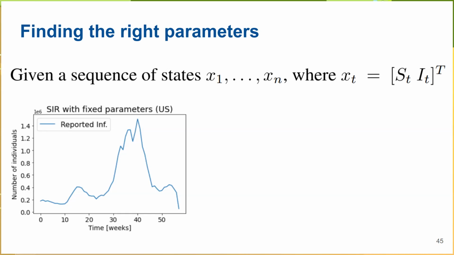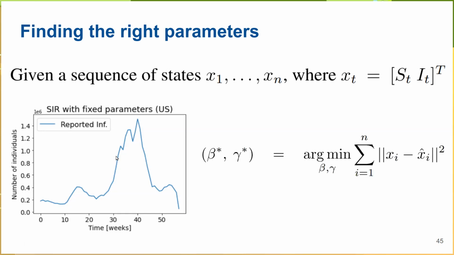So given a sequence of states, for example, in this case, this curve is for the number of infected. If we have also the curve for the number of susceptible, then we can solve the following optimization problem. We can find the parameters beta and gamma that best fit the data. And by best, we mean that minimize the mean squared error, or the sum of the squared error between the actual values and the values predicted by the SIR.